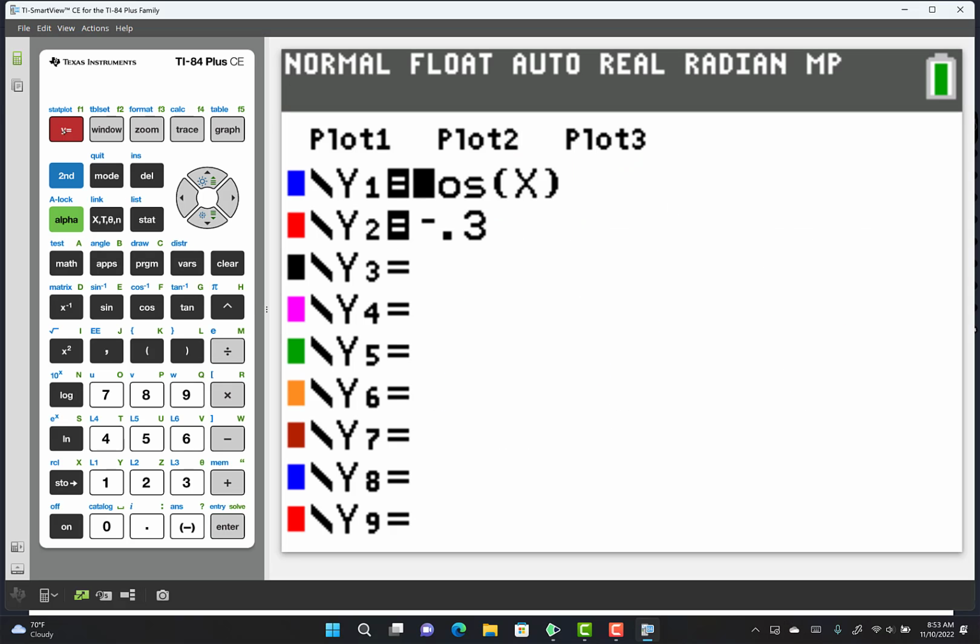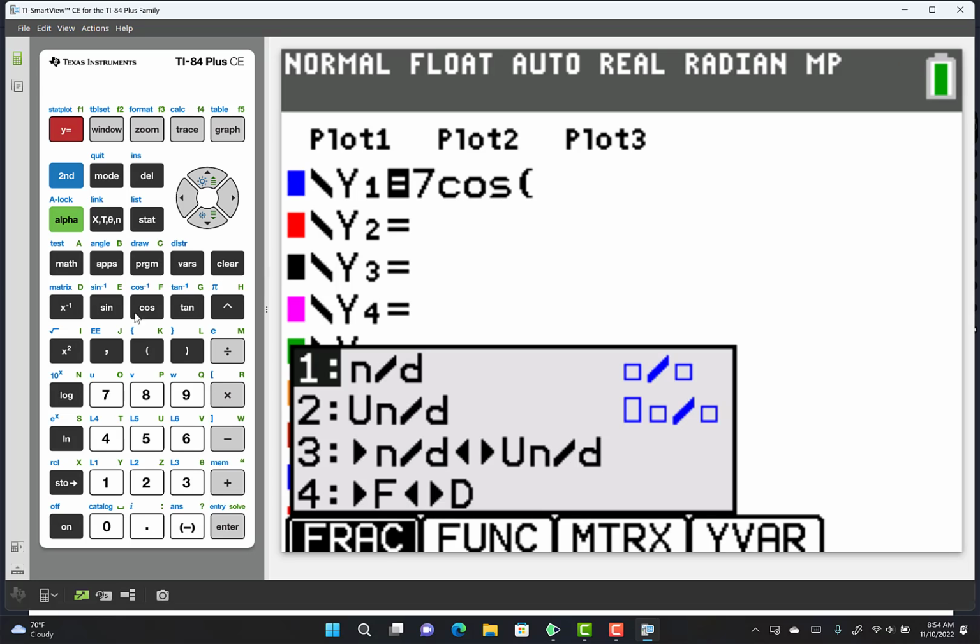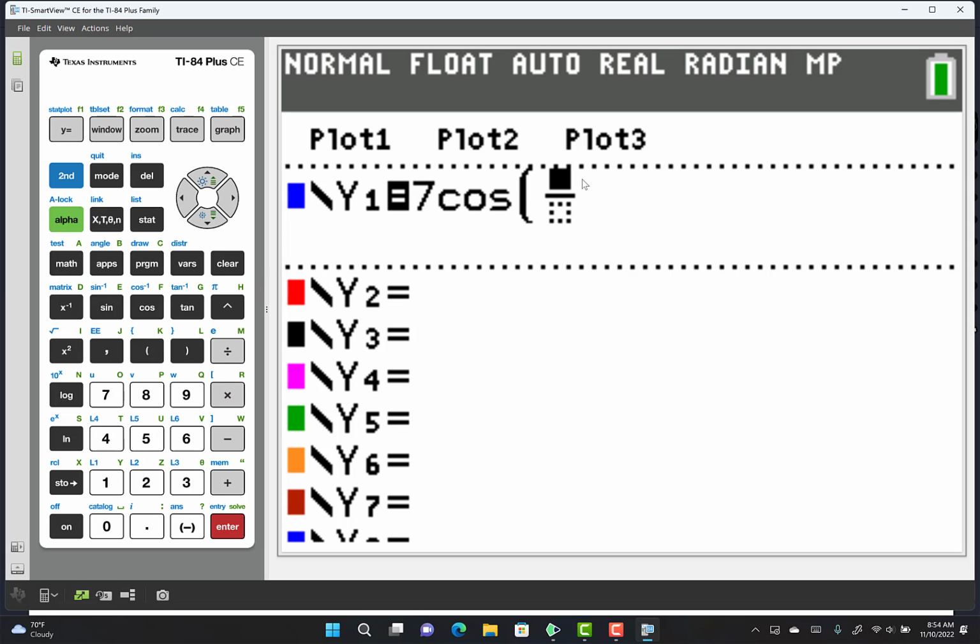Click on y equals. What was the equation? Okay, I already forgot it. 7 cosine over 13, right? To get the little fraction feature, push alpha, y equals, and then push enter. See, you get the little fraction. 2 pi over 13.